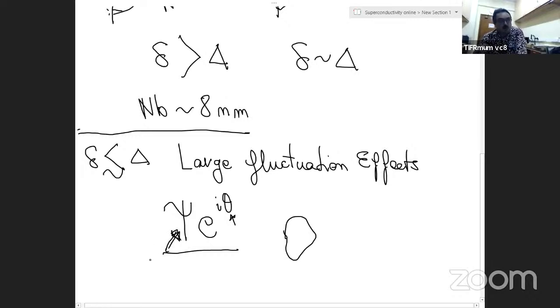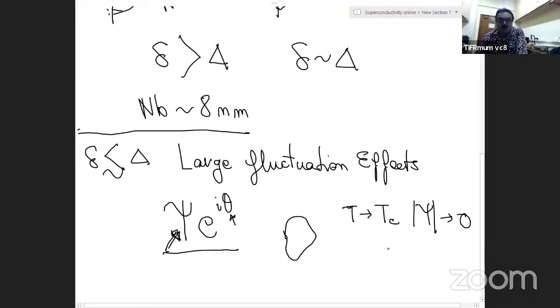Now, what is the main effect of this amplitude fluctuation? At low temperature you cannot see it. But when T goes to Tc, this amplitude goes towards zero because superconductivity is getting destroyed.